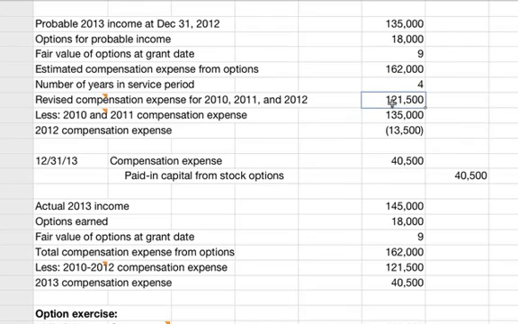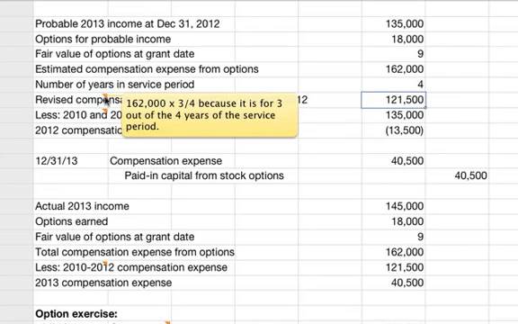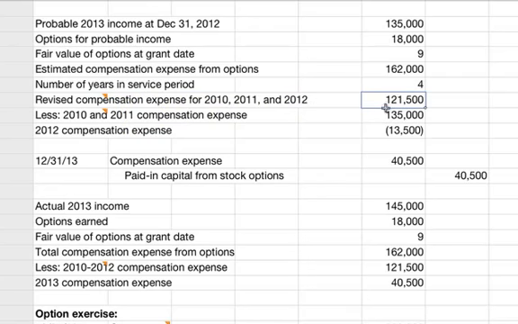The revised compensation expense is 162,000 times 3/4, because this is our new estimated number and it's our 3rd year, so we multiply by 3 out of the 4 years. That gives us 121,500.